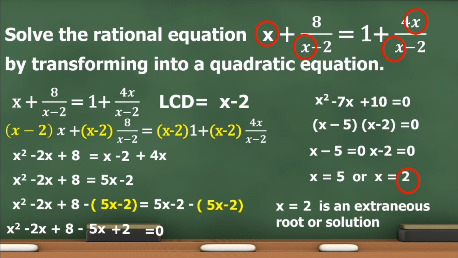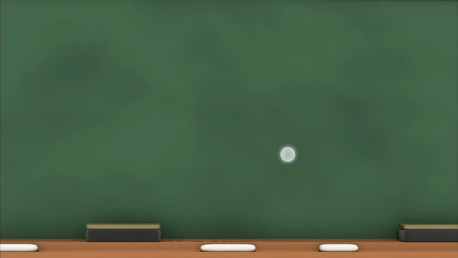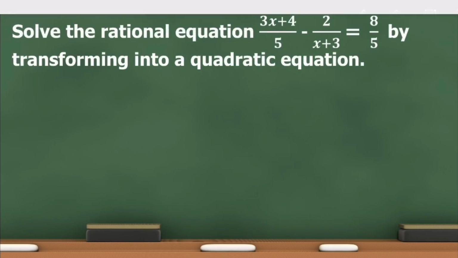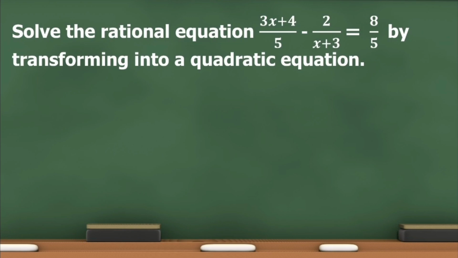Move na tayo sa ating last example. Solve the rational equation 3x plus 4 divided by 5 minus 2 divided by x plus 3 is equal to 8 over 5 by transforming into a quadratic equation.